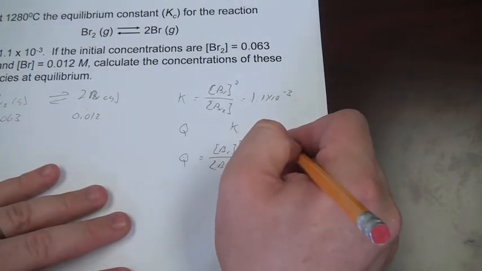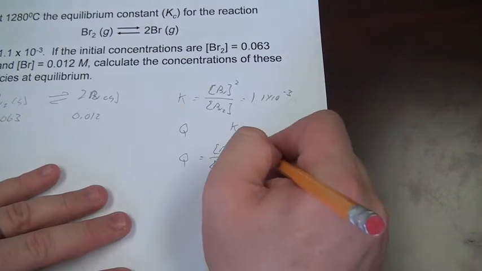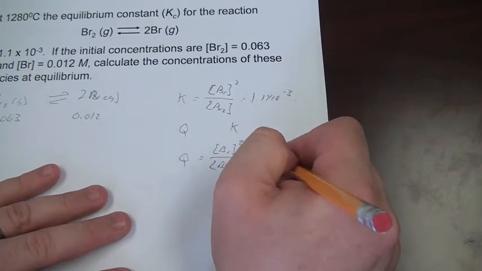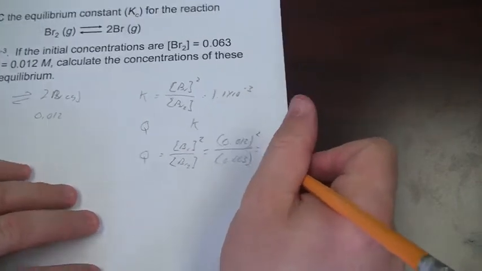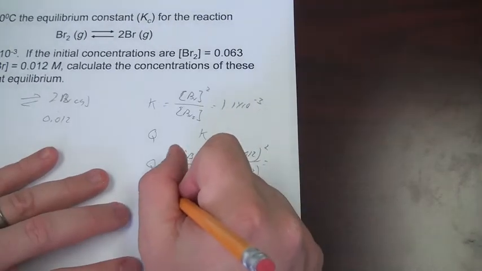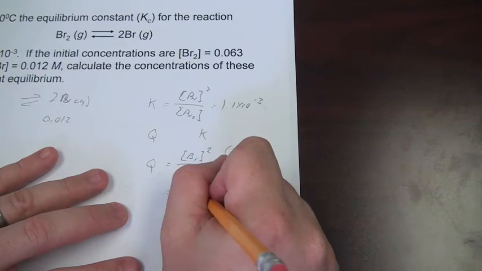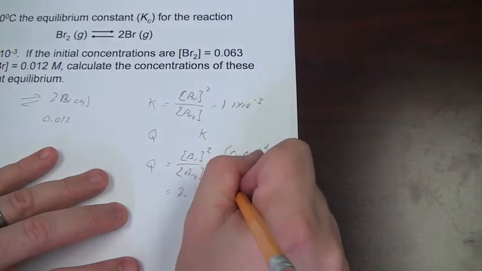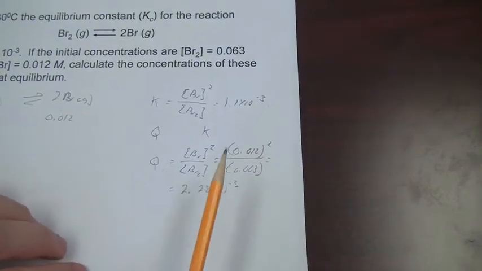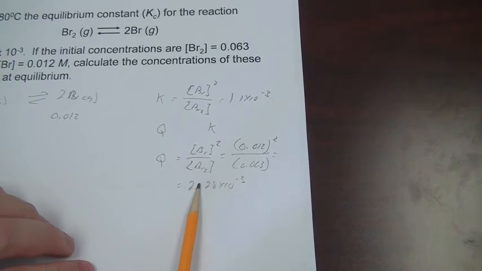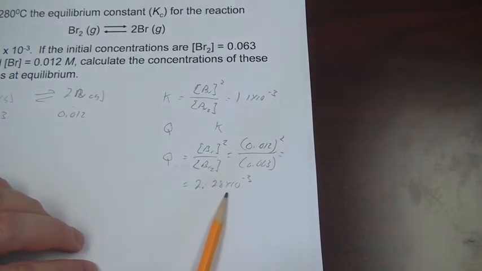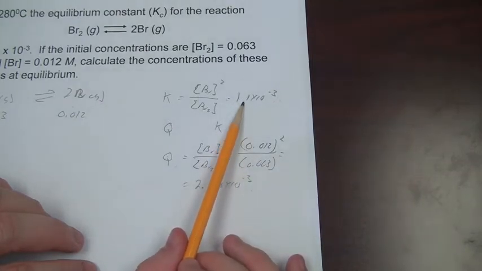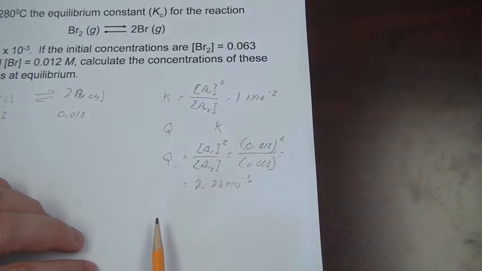So 0.012 squared divided by 0.063, and we find that we get a value of 2.28 times 10 to the negative 3. So we're going to compare this value, Q, to K. Q, 2.28 times 10 to the negative 3, is larger than 1.1 times 10 to the minus 3.